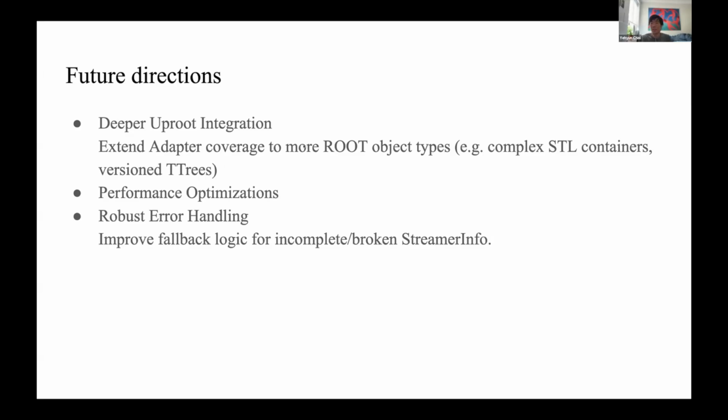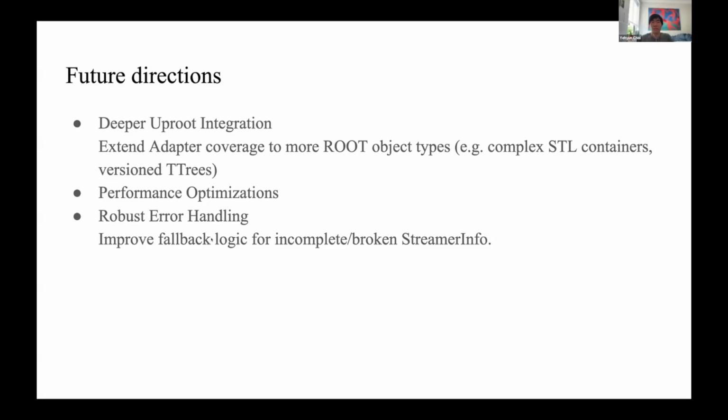First is some more complex root objects, like STL containers, which are vectors of doubles and integers, and versioned TTrees. So we have to work on versioned objects, and I think TTrees is one of them that still needs to be worked on.